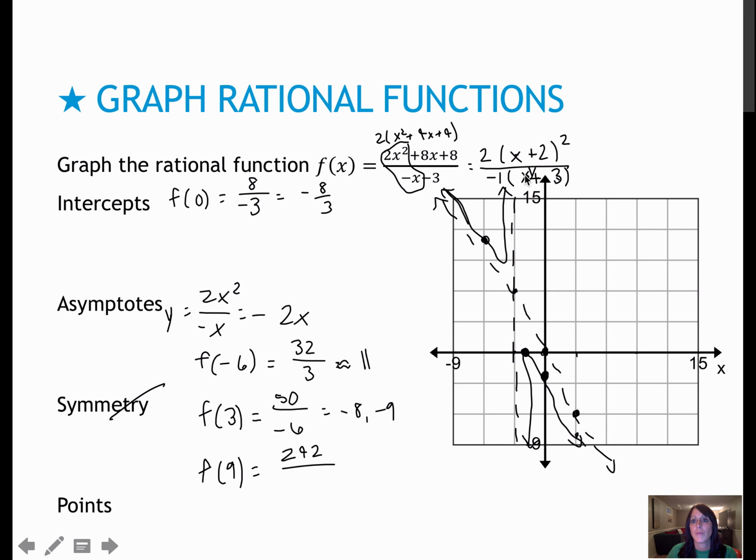Big number. 11 plus 3 is 14, times negative 1, that's negative 14. I have no idea what that is, so I'm going to use my calculator. It looks like that's a negative value as well, about negative 17, which means nothing's happening over here. It's all happening between those 2 little diagonals. Again, go ahead and graph that function with the graphing utility to check your work a little bit.